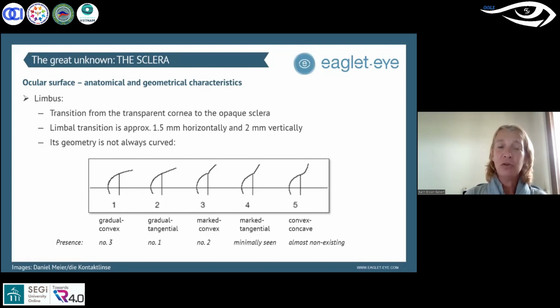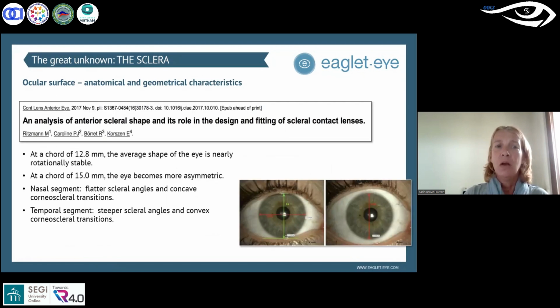Looking here, number one would be the gradual tangential, number two is the marked convex, and then the gradual convex. Almost non-existent is the convex concave. So now the actual analysis of the anterior scleral shape and its role in designing and fitting scleral contact lenses. If you think about a chord of 12.8, the average shape of the eye is nearly rotationally stable.